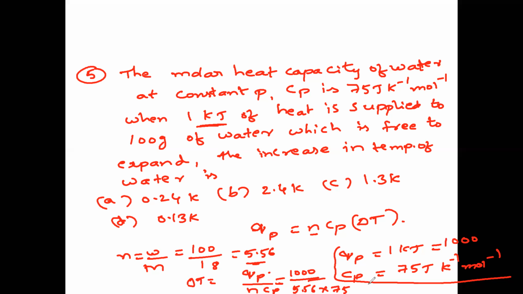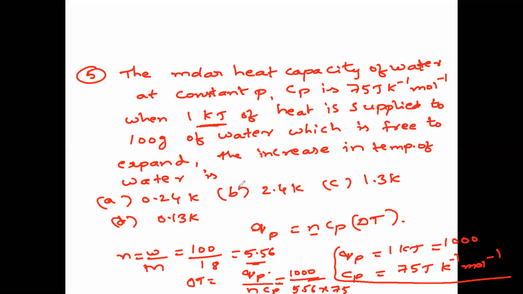If you do this, you'll get the answer. 75 into 5.56 is equal to 419.78. So 1000 divided by 419.78 is equal to 2.38.